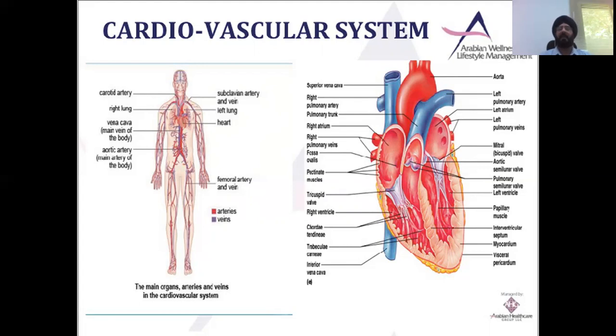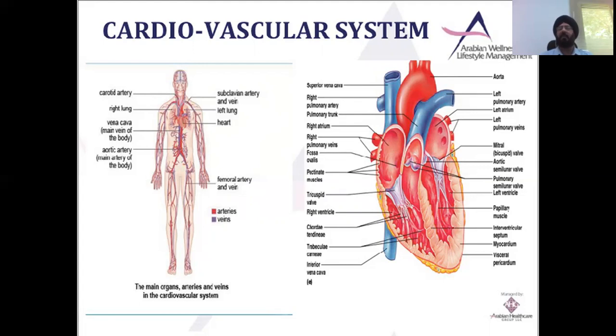The right atrium and right ventricle are guarded by a gate valve, that is the tricuspid valve. Now, once the blood is pumped to the lungs, it gets oxygenated.